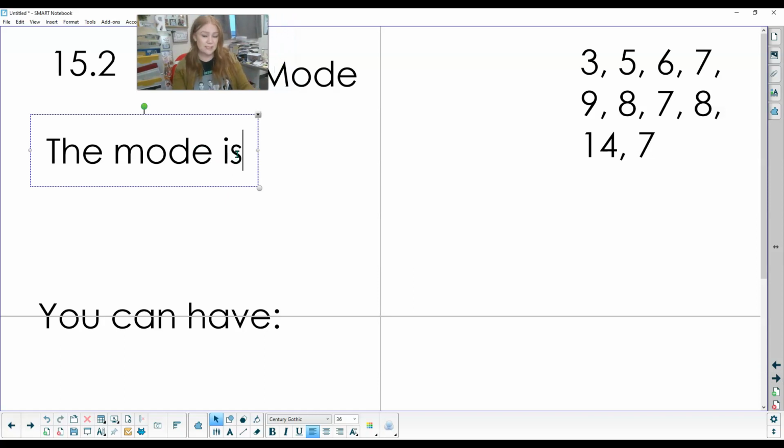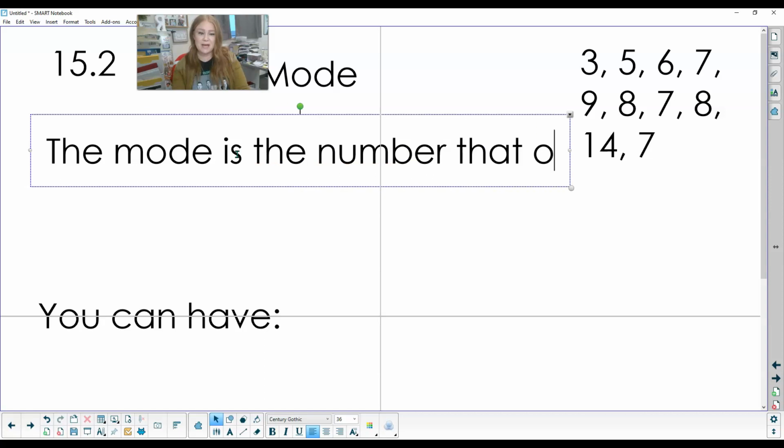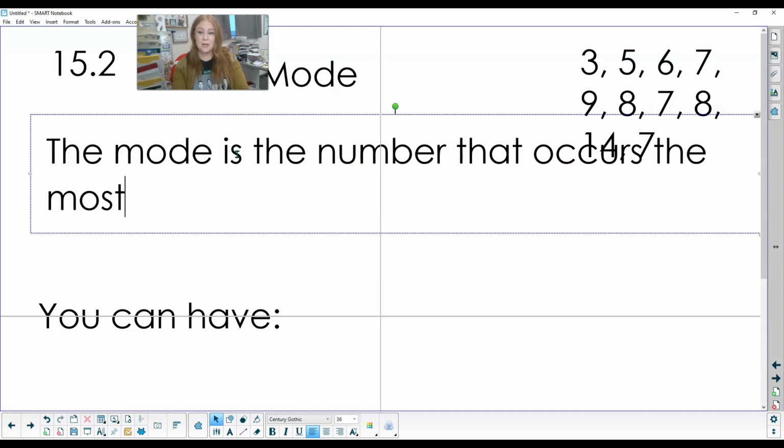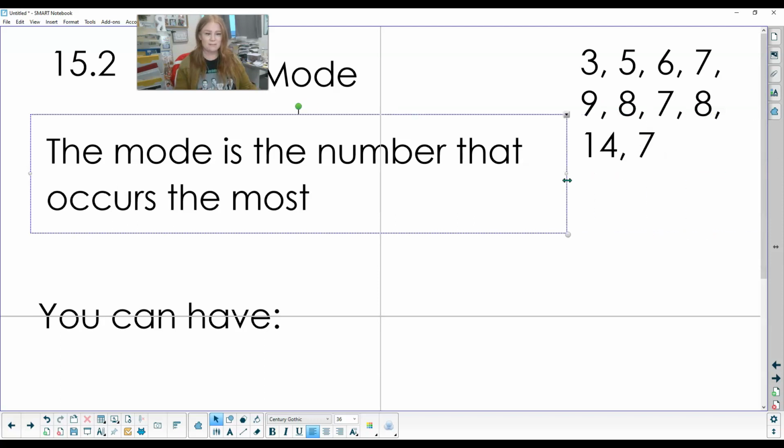Okay, so now we have our mode. The mode is the number that occurs the most. I always remember, right, mode, most, mode, most. They both start with M-O.